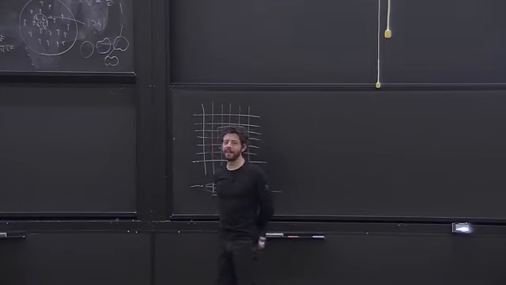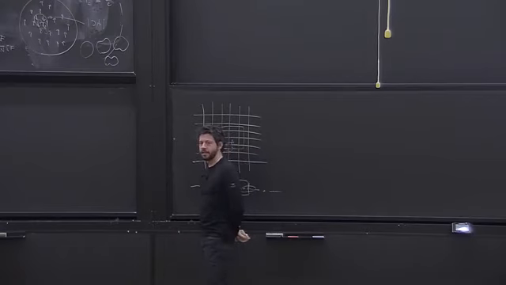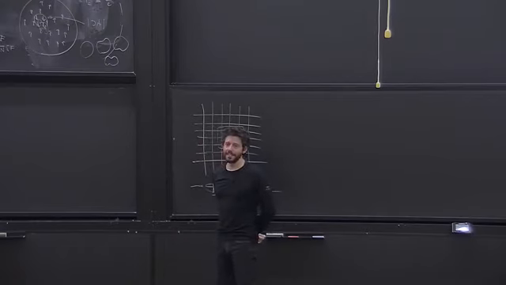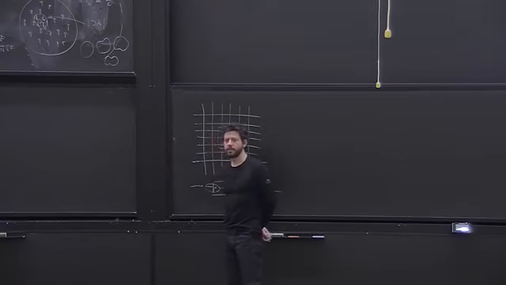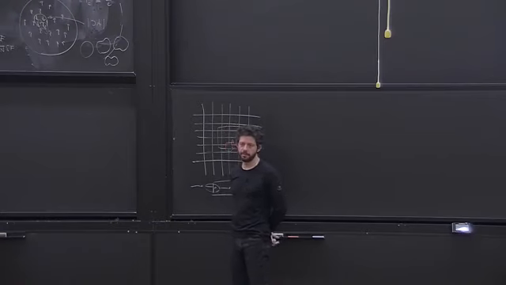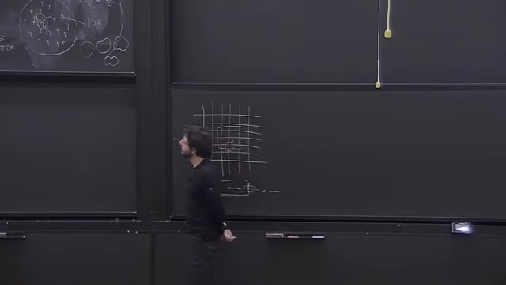However, the system is effectively trapped for a lifetime that goes like e to the n, which is more than the age of the universe for n that is 10 to the 23. So that's what we mean when we say metastable instead of stable. You see the importance of scaling with n, as opposed to a number that doesn't matter if it's large or small, but is order 1 and does not scale with n.